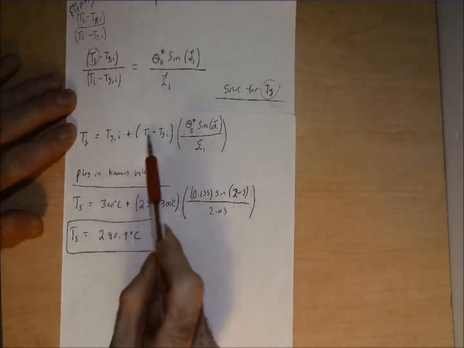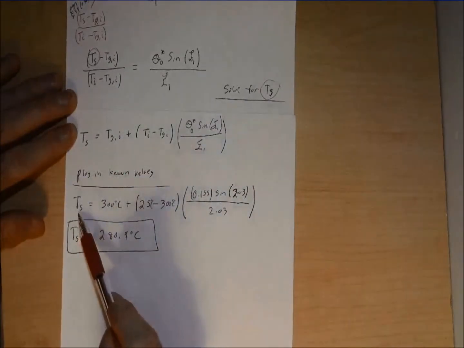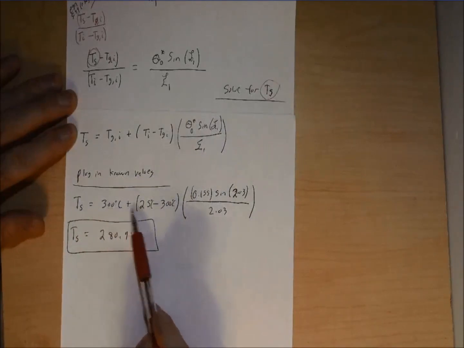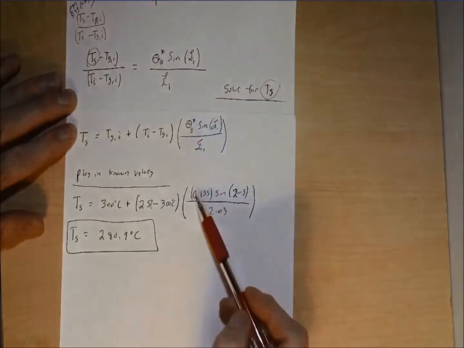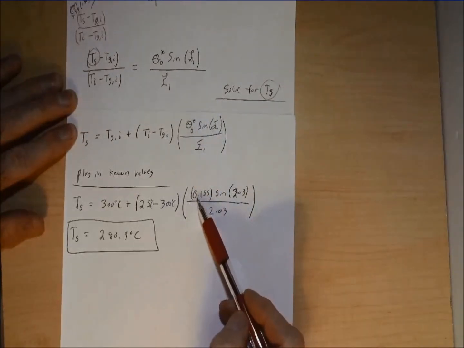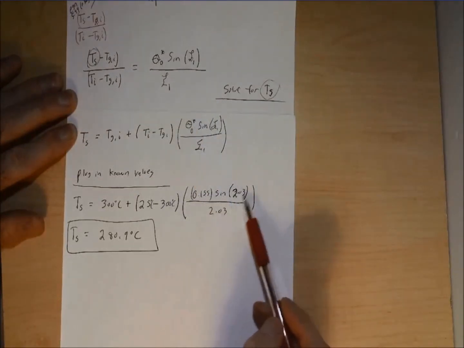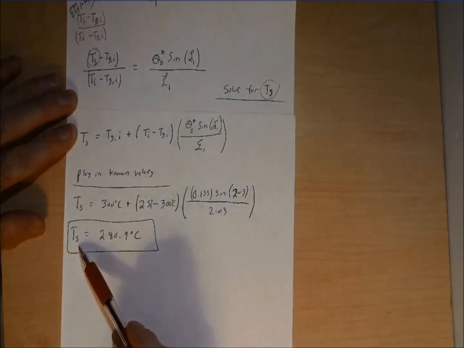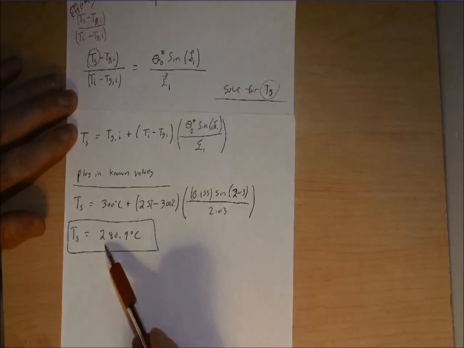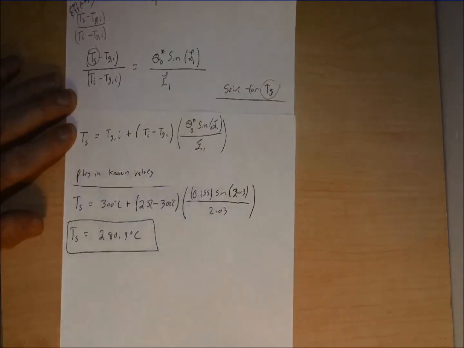So everything has a value associated with it. T sub s is equal to 300 degrees Celsius plus 25 degrees Celsius minus 300 degrees Celsius. Then we plug in our theta term 0.155 times the sine of our eigenvalue divided by our eigenvalue. And what we end up with when we plug this in is that our surface temperature is equal to 280.9 degrees Celsius.